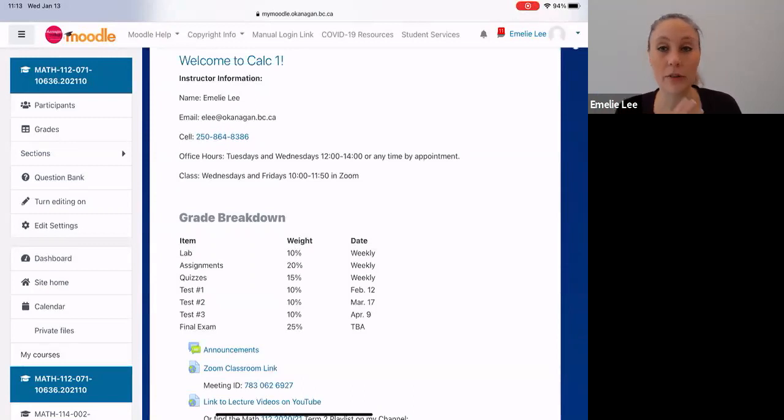We've got 3 tests. I was trying to figure out good timing for the tests. I always like to have tests before reading break, because then you can be math free for a reading break, which is always nice, and not be reading for reading break. So I tried to condense everything in chapters 1 and 2 before reading break.